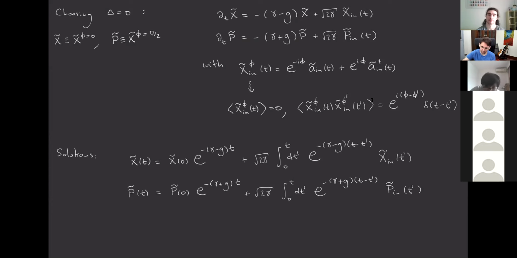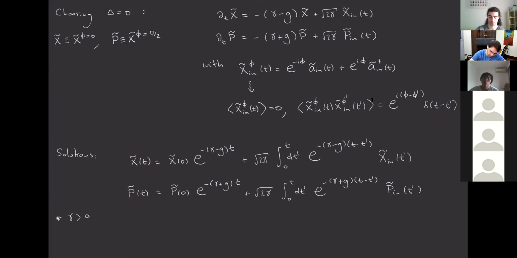Okay? So then, now that we know the properties of the input operators, it's very easy to find the two-time correlation functions or whatever we want to understand from these two quadratures. But there is a very interesting point that we need to discuss, and then we can make a break.